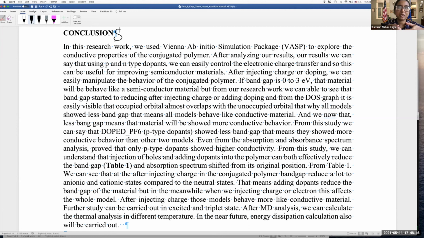After doing all the calculations, we are able to say that when we inject charge, removing charge from the model, it will show more conductivity, meaning that the polymer will behave like a metal. Their behavior will be changed.